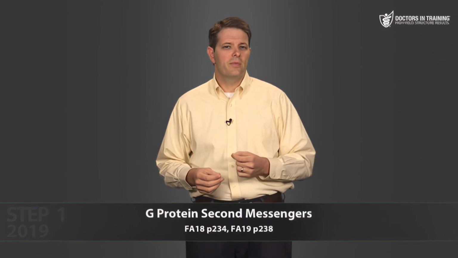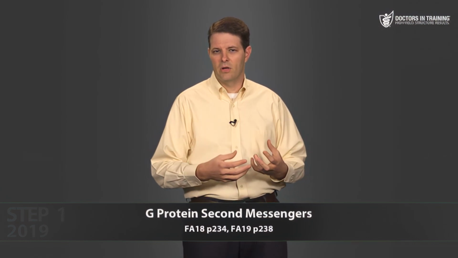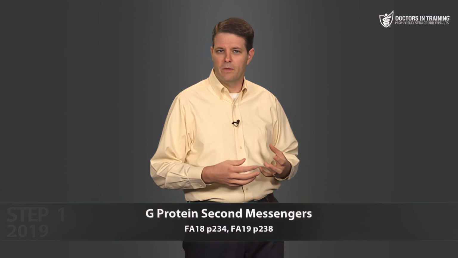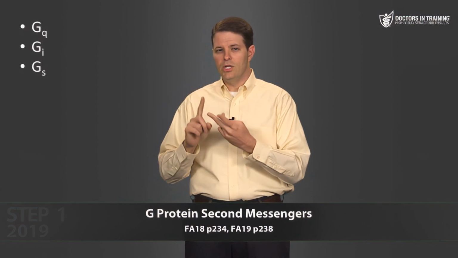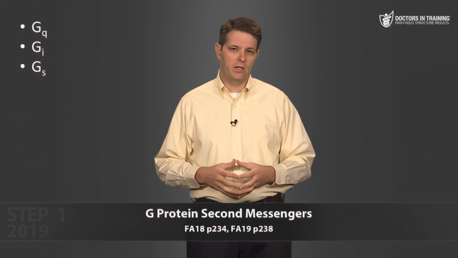Each of these neurotransmitters and signaling chemicals activates a specific type of receptor, and each receptor is in turn utilizing a specific type of G protein. And the G proteins come in 3 distinct flavors: GQ, GI, and GS. So, what does a GQ protein do?